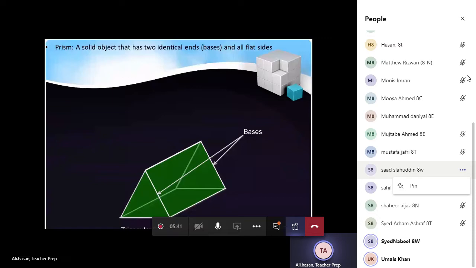Base is what is called identical. A prism has identical ends. Base one and base two, the two sides, were exactly congruent to each other. They were identical. That is why we called them bases. The answer that it is a rectangular prism is not the right answer.